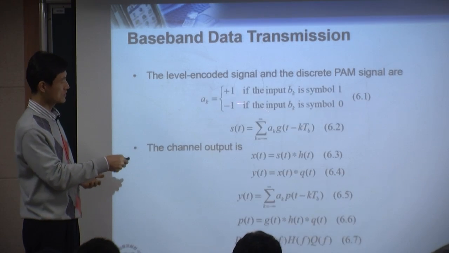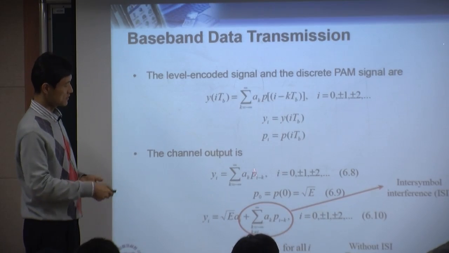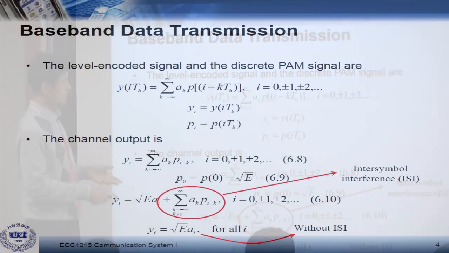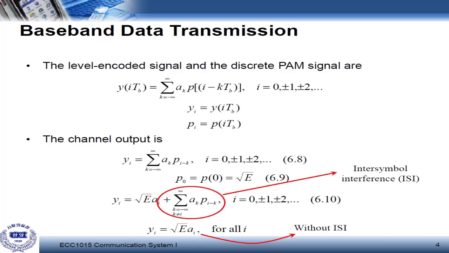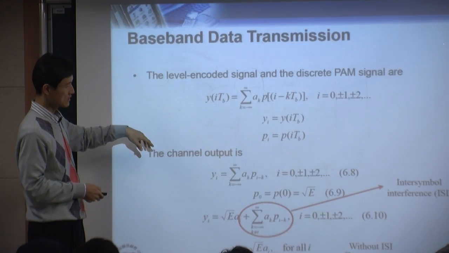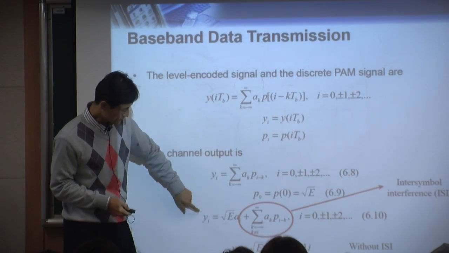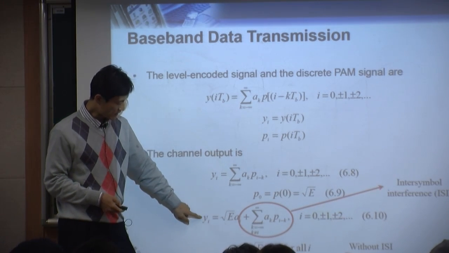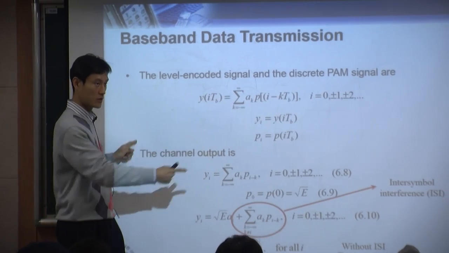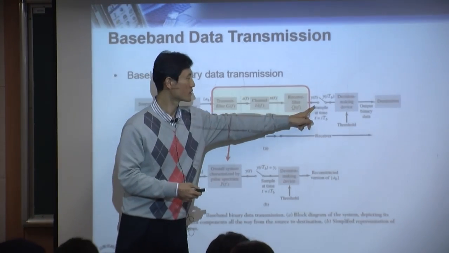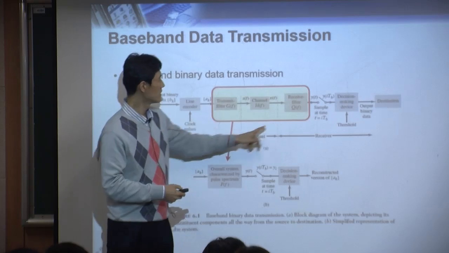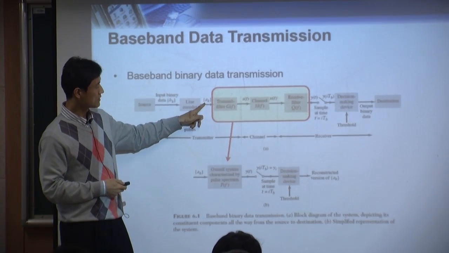So these equations you see here, all of these things are regarding the whole block as a Nyquist channel. So eventually, Yi is the output of the whole red block here, right? Input is Ak.